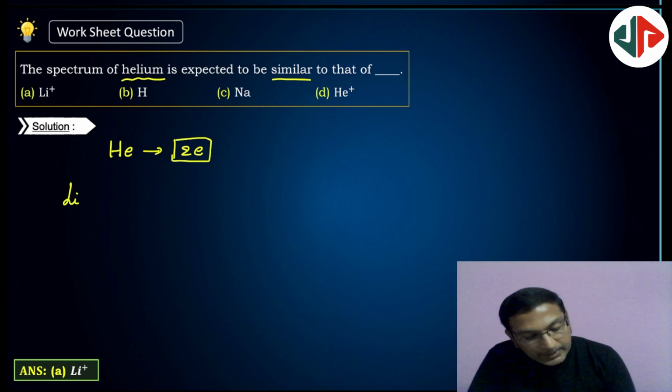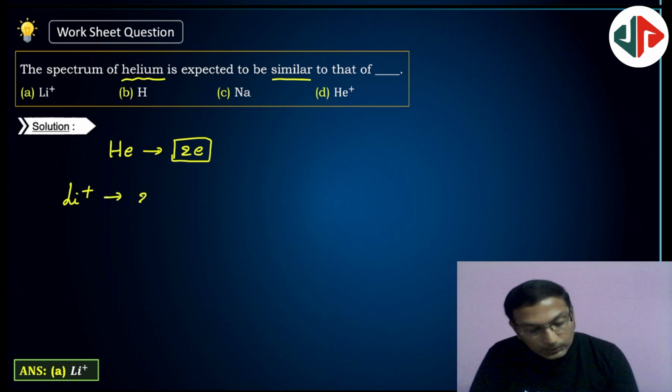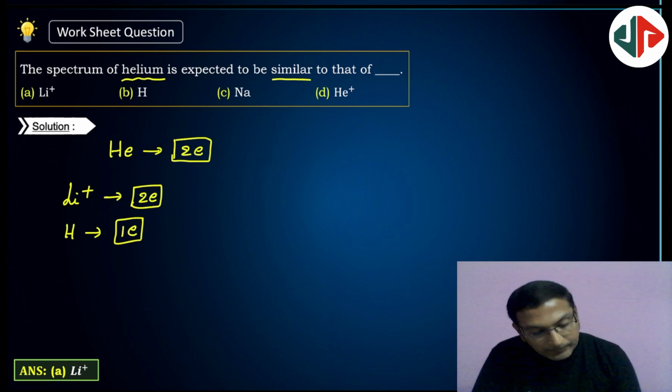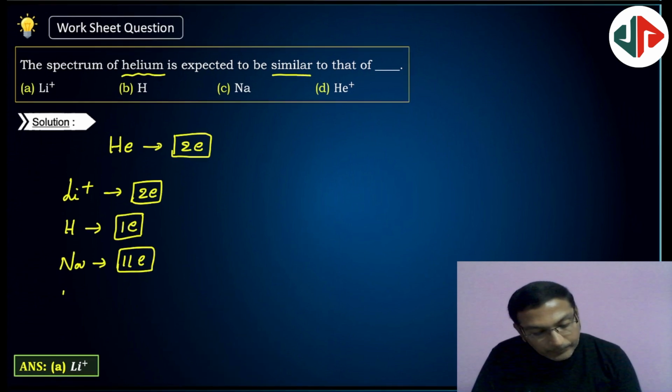Here Li plus contains 2 electrons. H contains only 1 electron, a single electron species. Sodium totally contains 11 electrons, atomic number 11. He plus contains only 1 electron.